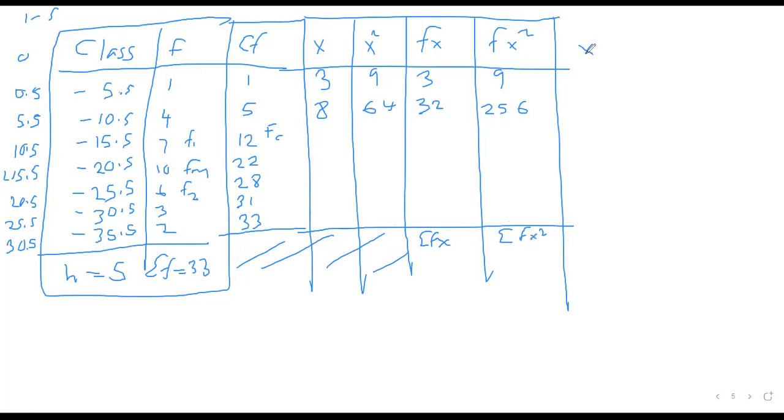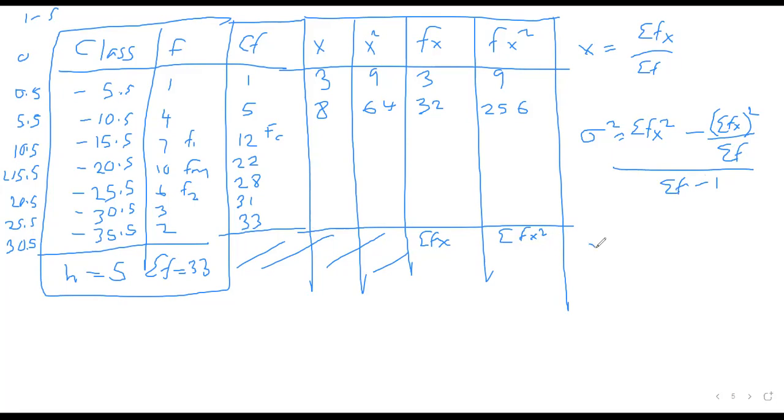To find the mean, it's simply summation of fx over summation of f. To find the variance, it's a simple formula except that we're just introducing one character, the frequency: summation of fx squared minus summation of fx to the power 2 over summation of f, everything over summation of f minus 1.